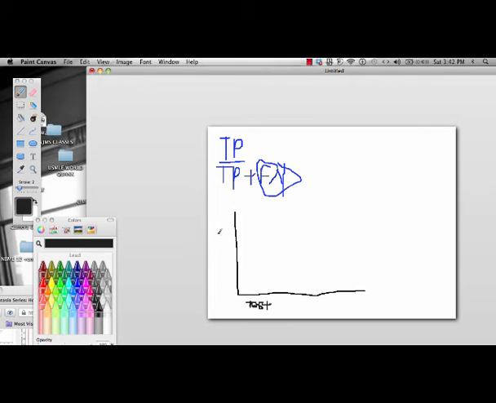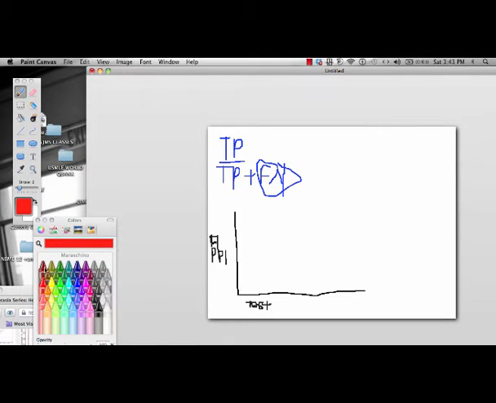Sorry, I know that my handwriting isn't the best. This is just going to be a number of people. So I'm going to do this example in reference to a PPD test for tuberculosis, let's say.